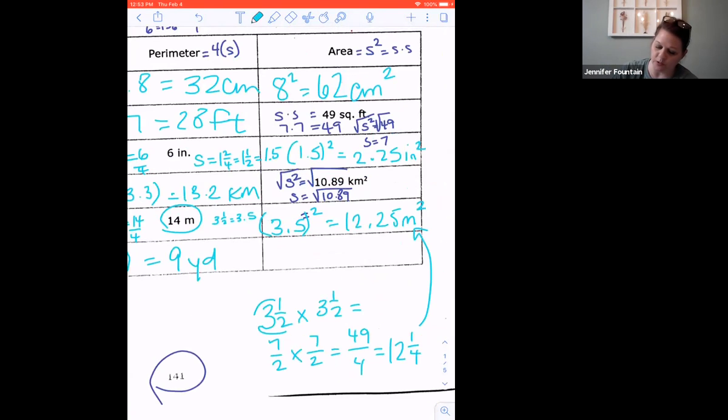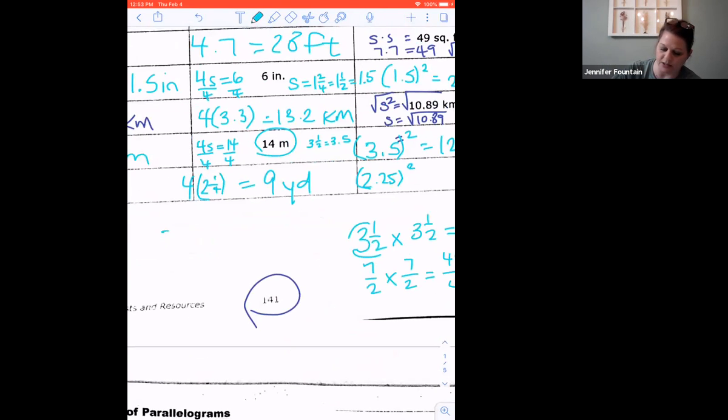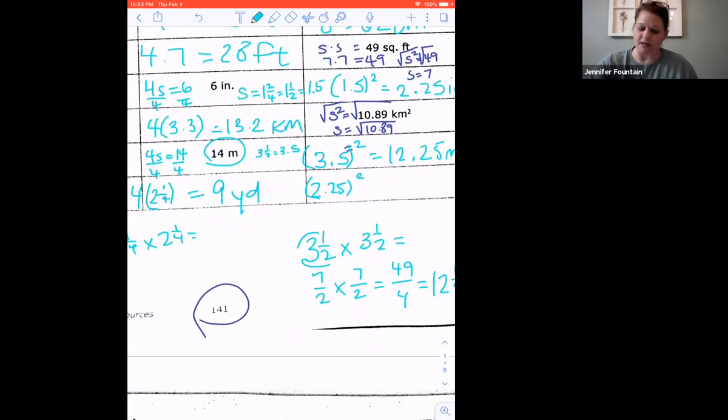But when I do 2 1/4 or 2.25 squared, again, that's going to be like 2 1/4 times 2 1/4 if you worked with it as a fraction. If I use my calculator, 2.25, oh, hang on a second, let me see.